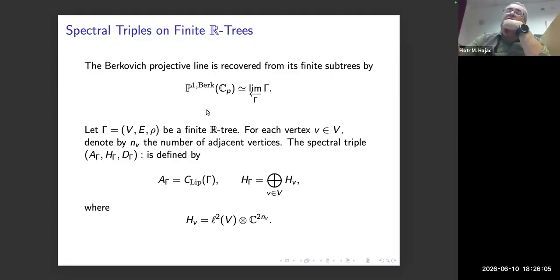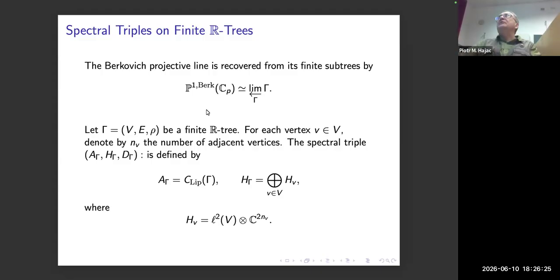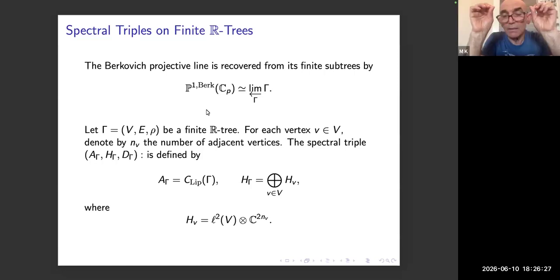Sorry, could you please unravel what you mean by functions on gamma? Gamma is a tree, so I have vertices. No, gamma is an R-tree. Think of it as, for example, each piece being some interval. So you mean points on these trees? Yes. Okay, thanks.